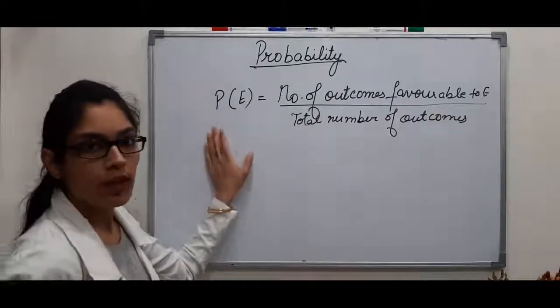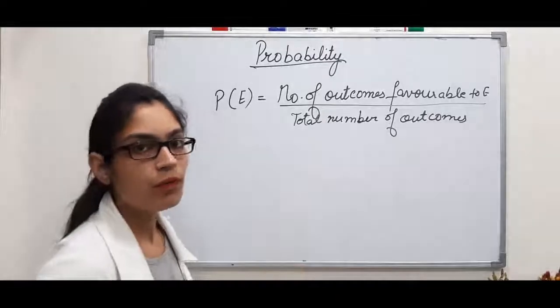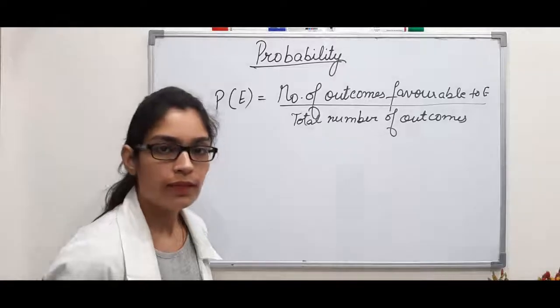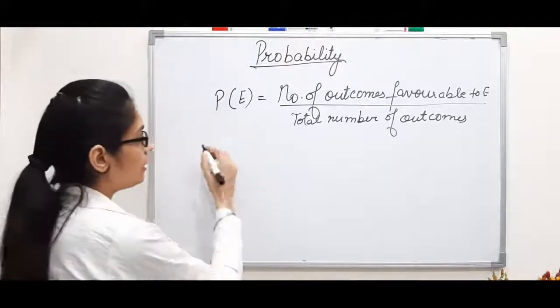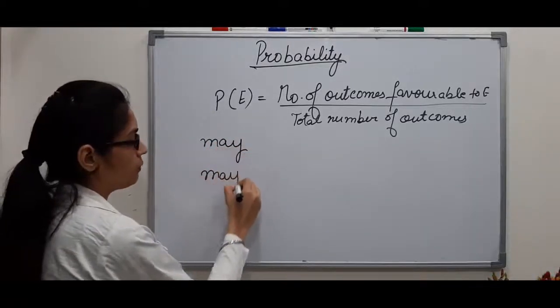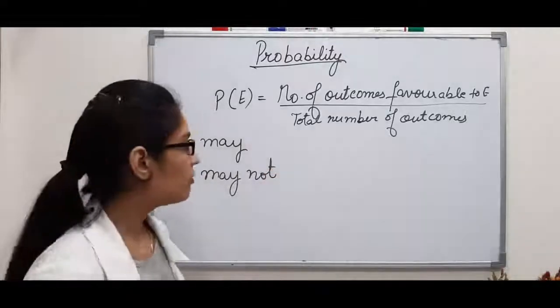So this formula I will explain to you with the help of the example which we have already taken. So we have taken the example of a rainy day. On a cloudy day, we say it may rain or it may not rain also, because there is a chance of both. It's a chance 50-50 we can say.